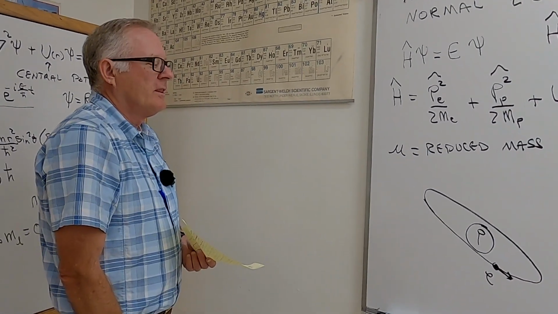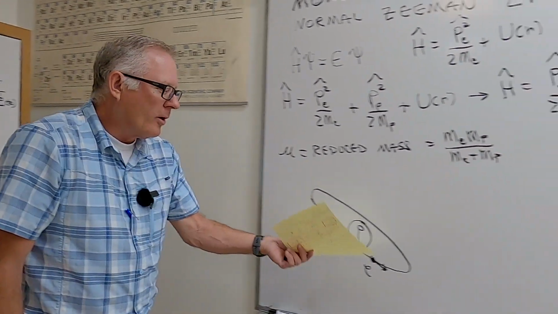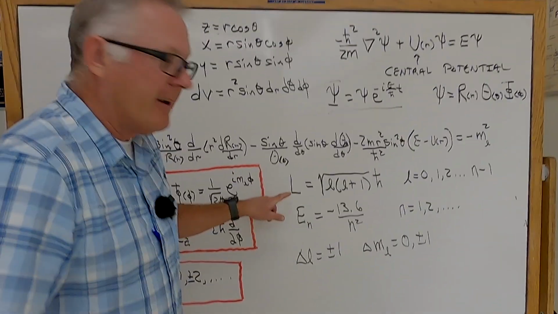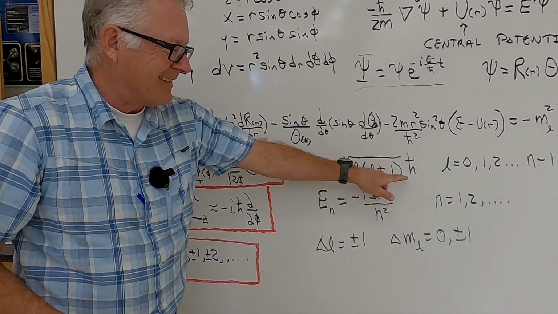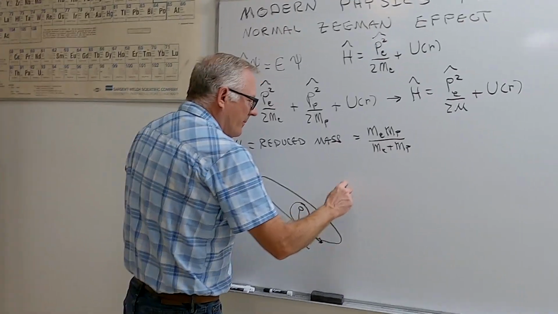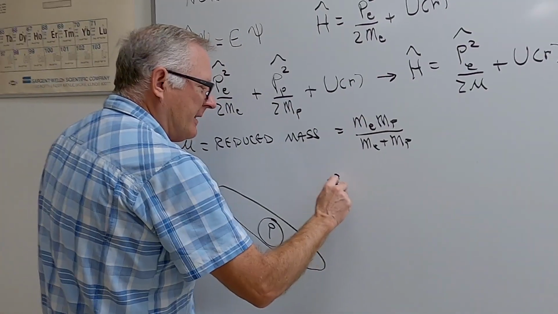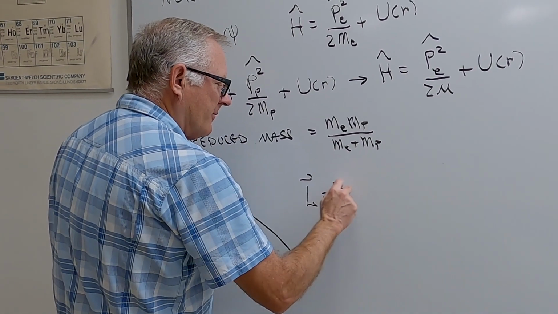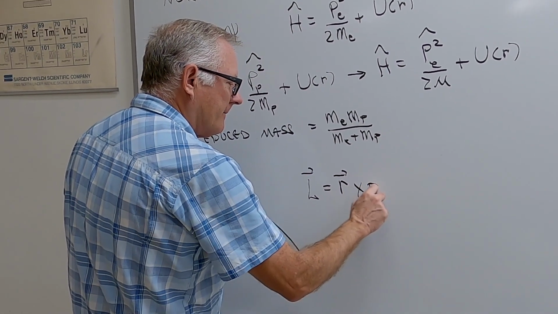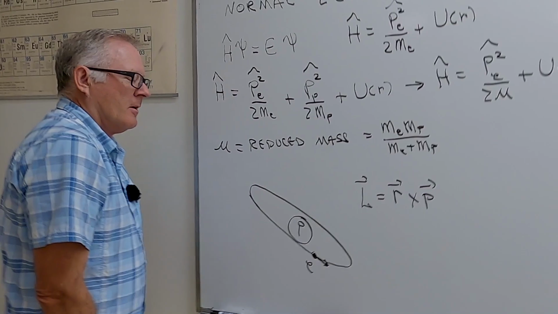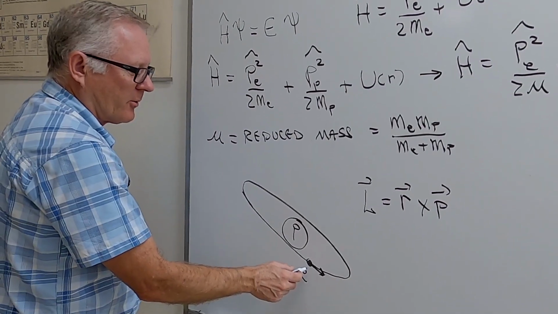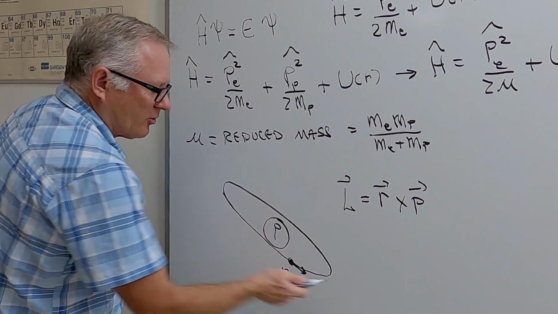And we know that there's an orbital angular momentum. Remember, we already defined it. We have an orbital angular momentum, L, and in classical physics it's defined as r cross p, where r and p are perpendicular, because r goes from the proton out to the electron and p is going around.